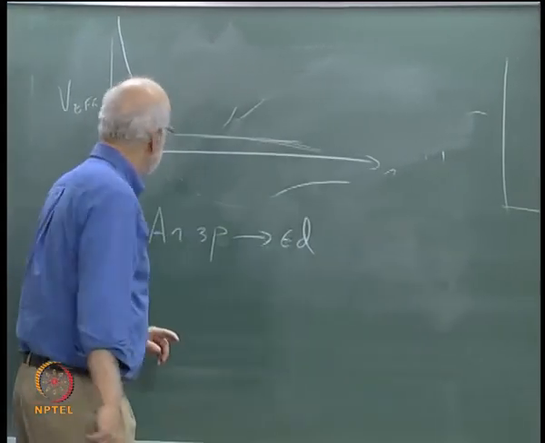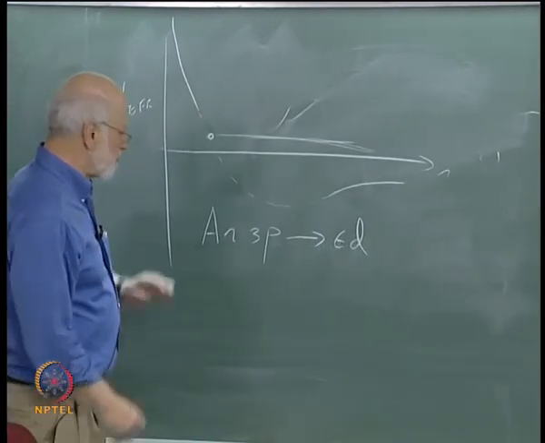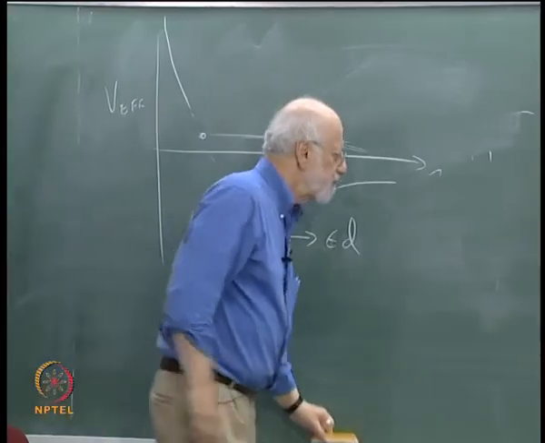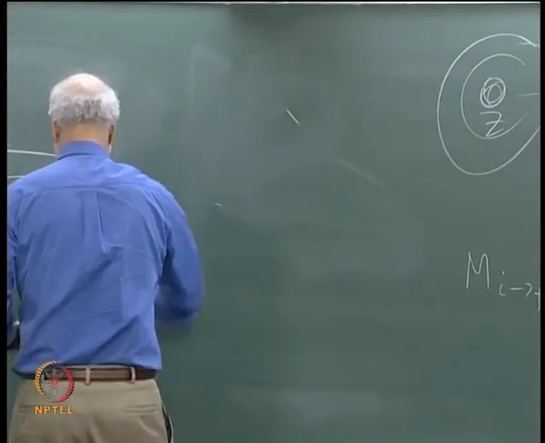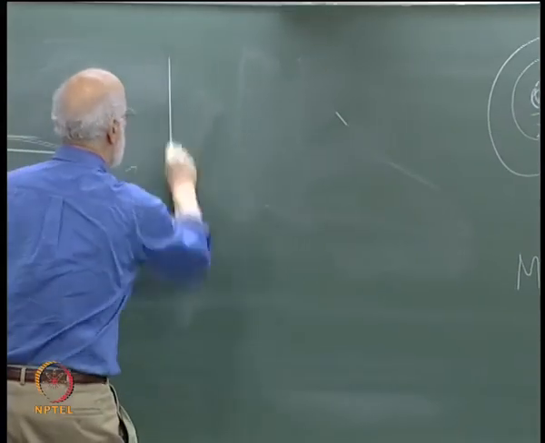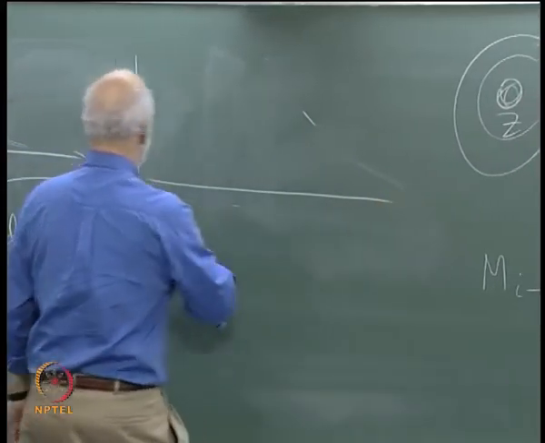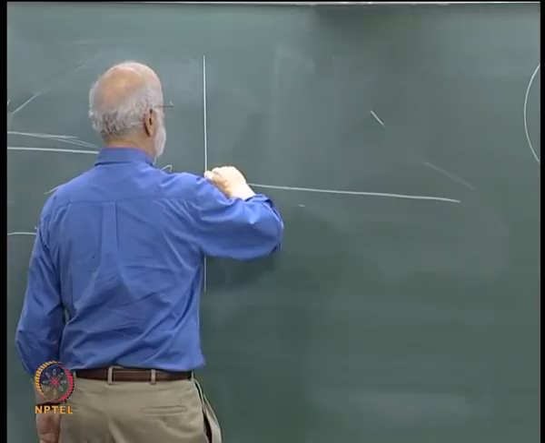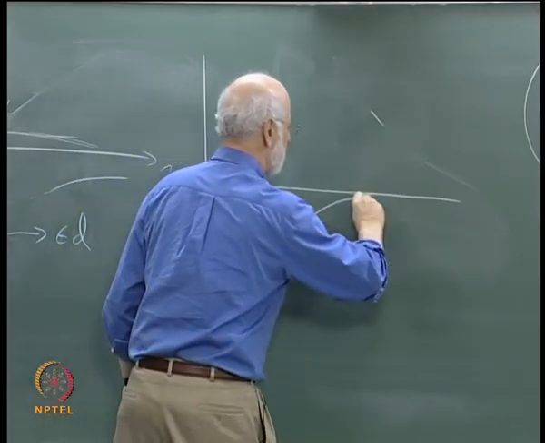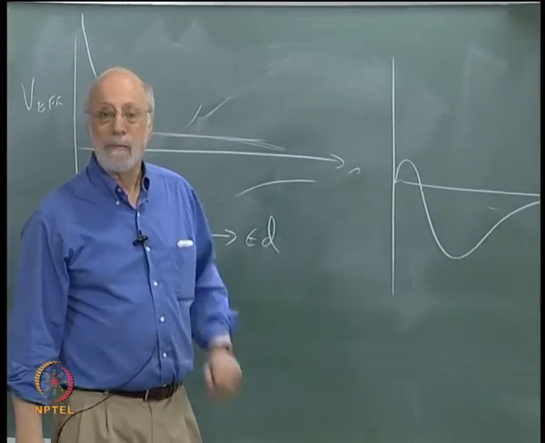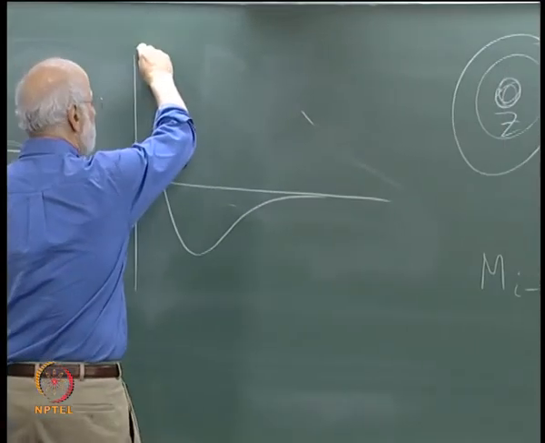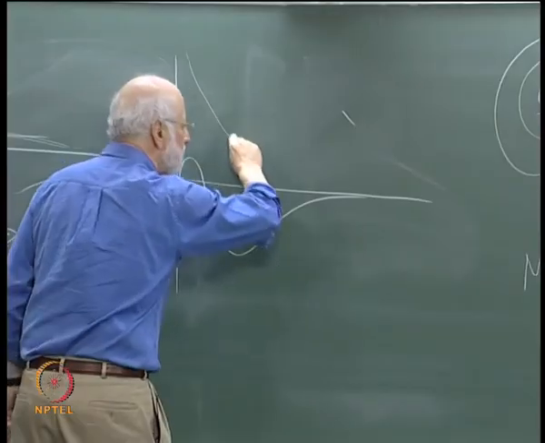Now, what happens on a graph something like this is the following. The 3p wave function looks maybe something like this. However, the D potential looks something like that.